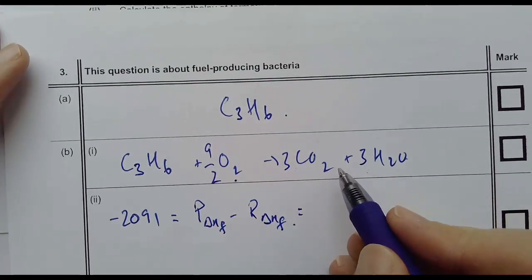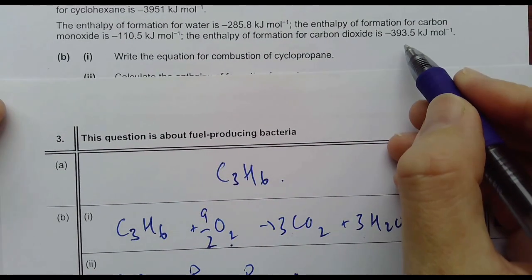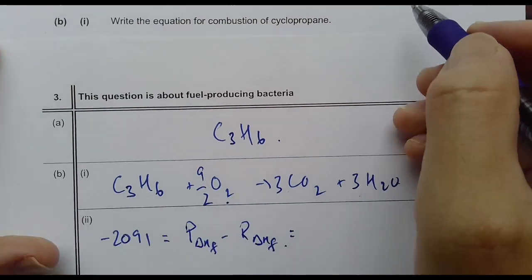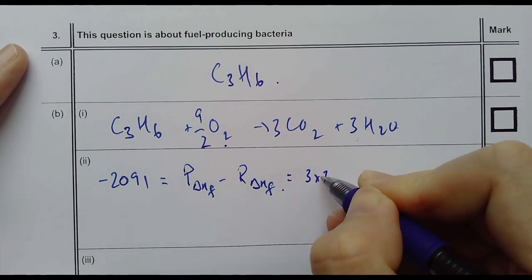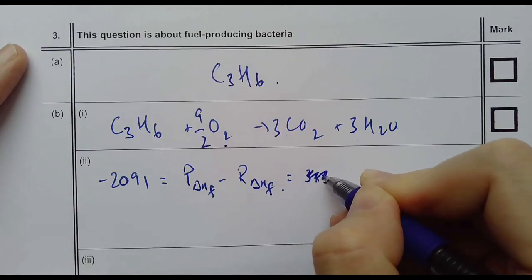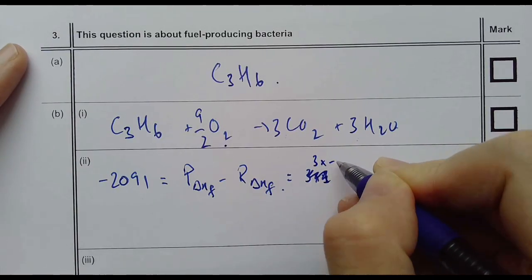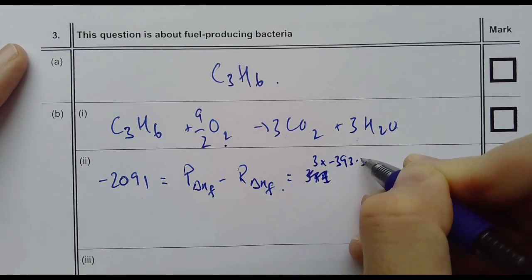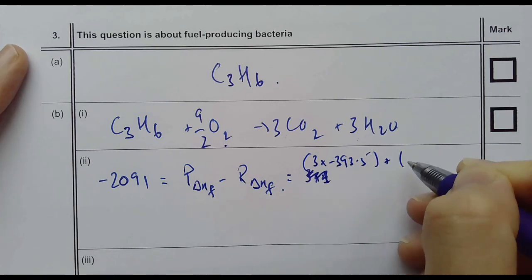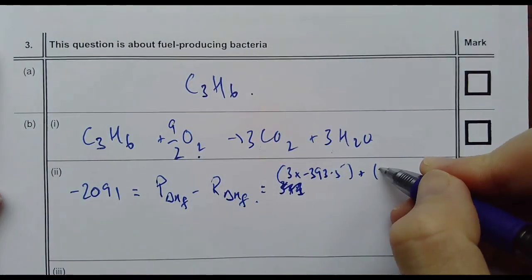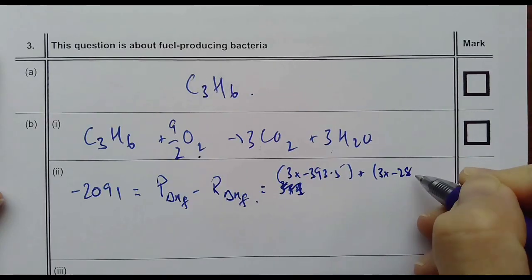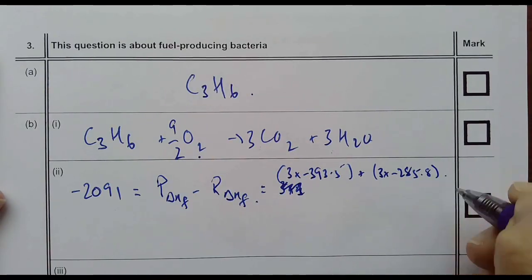So my products, I'm told, formation is minus 393.5 for carbon dioxide. So it's going to be 3 times, let's get this carefully, 3 times minus 393.5 plus water, 3 times minus 285.8.